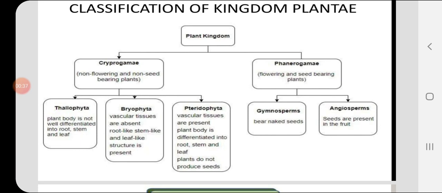Cryptogams is divided into division Thallophyta, Bryophyta, and Pteridophyta, and phanerogams is divided into gymnosperms and angiosperms.